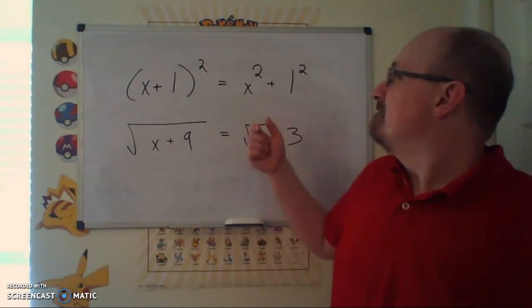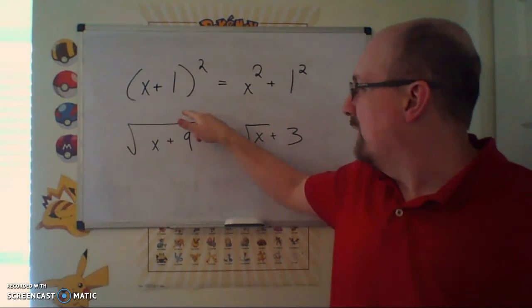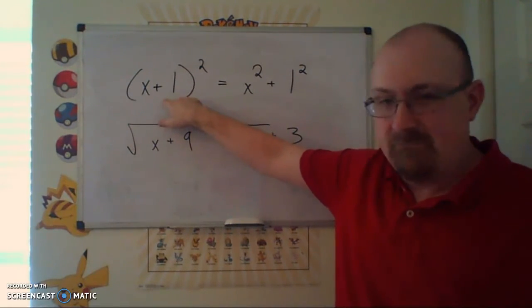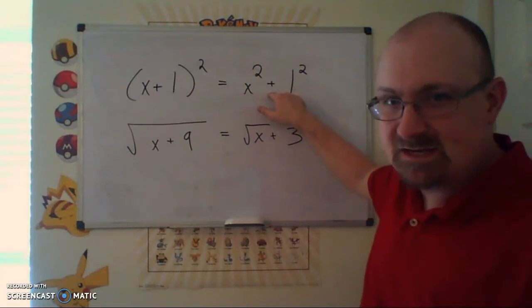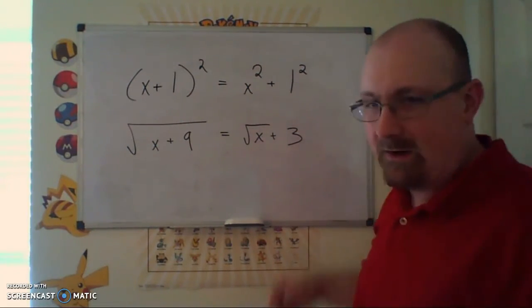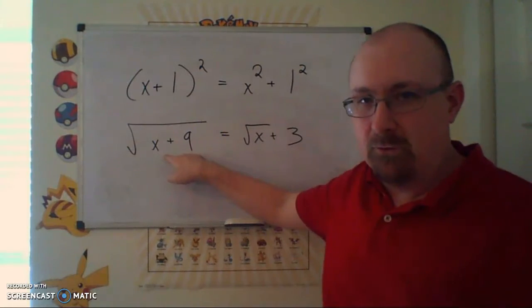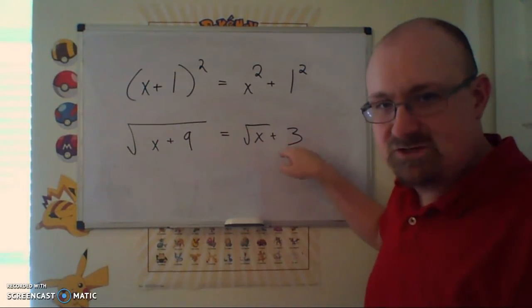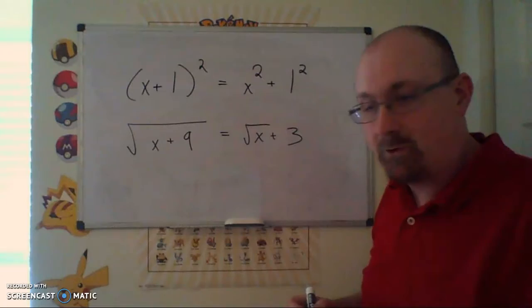Just about every semester, somebody at some point will slip, and they'll be presented with something like x plus 1 quantity squared, and they tell me that it's x squared plus 1 squared, and then they'll drop the square from the 1 and tell me that it's x squared plus 1. Or they'll see a square root like this, and they'll break it into two separate pieces and say it's square root of x plus square root of 9, which is 3.